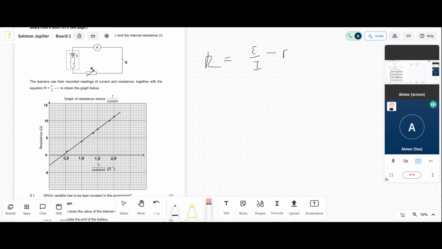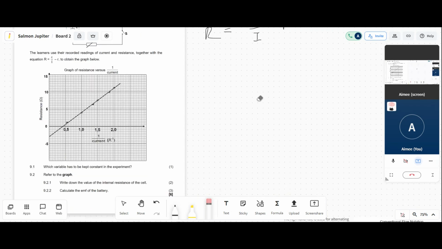So in order for your results not to be biased or incorrect, your resistance can't be affected. And the only way we can make sure that our resistance isn't being affected by additional variables is if we keep our temperature constant.